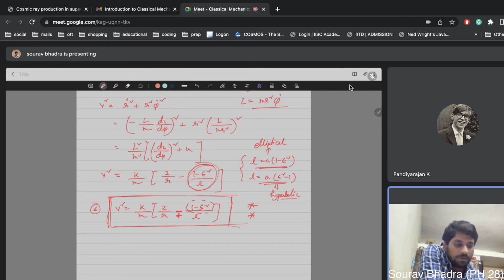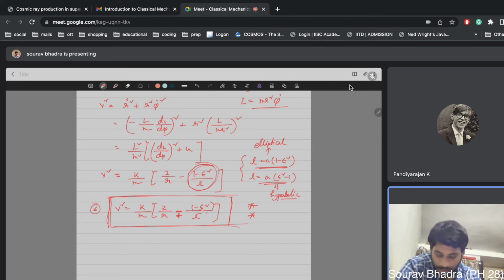For a circular orbit, r is actually a, or a is actually r, whatever you can say, where r is the radius and a is the semi-major axis. So by substituting this, you can also get the expression for the velocity for a circle. So this is a general thing which will give you ellipse, hyperbola or circle. So try to remember this particular expression also, it is very important.